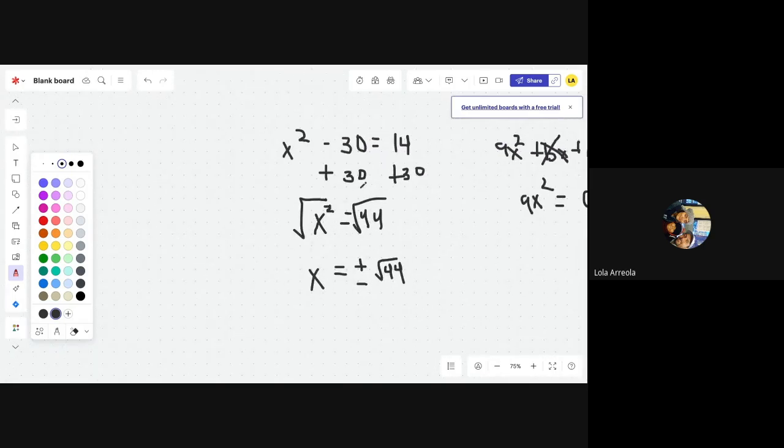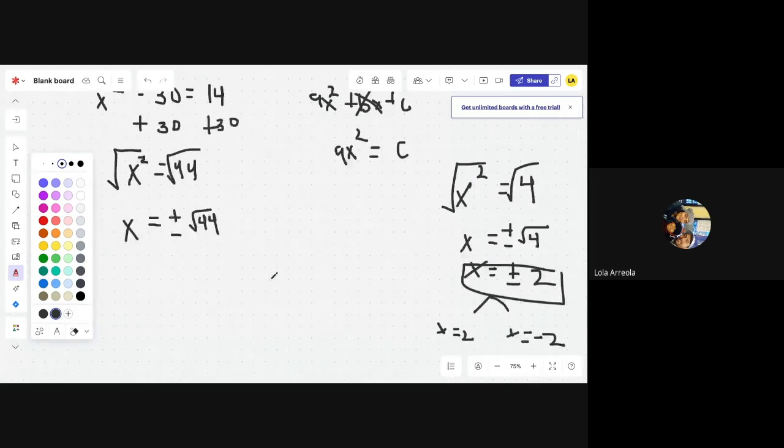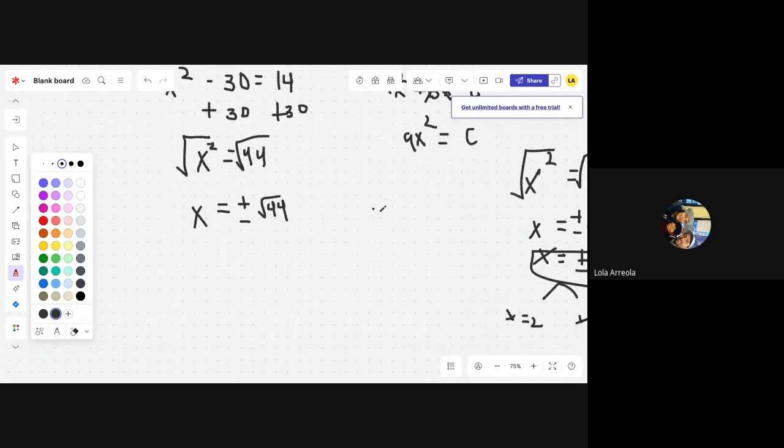Anytime we take the square root to both sides, once I isolate that x on this side, I have the positive and negative version. And just like I simplified the square root of 4 to 2, we can simplify square root 44 a little bit. So now I want to choose factors of 44 that have a perfect square. So what are some factors of 44? 11 and 4.